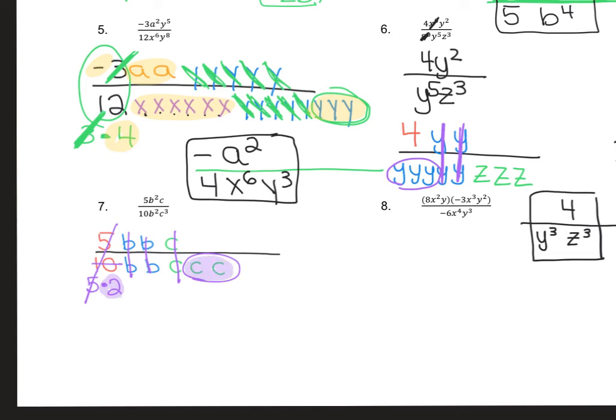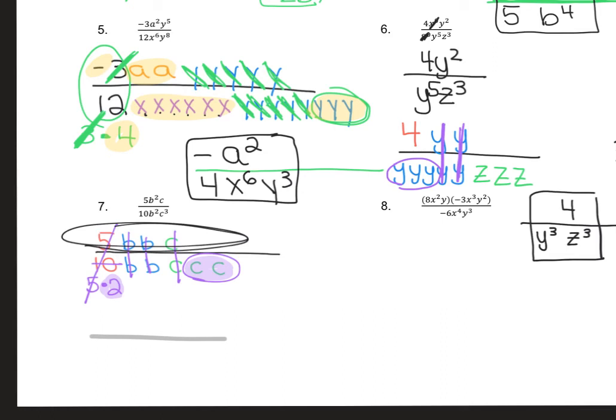And again, this is where that bar, that fraction line, is very, very helpful. Because if you look, I have nothing on the top. Everything's gone. Everything has been knocked out, wiped out. But I can't not have anything on the top, because if I wrote the bottom stuff as the top, well, it's not the top.